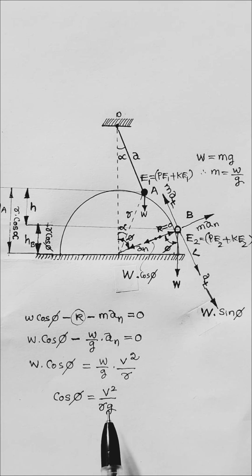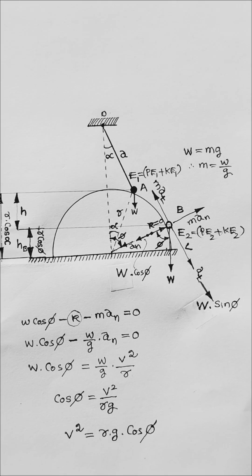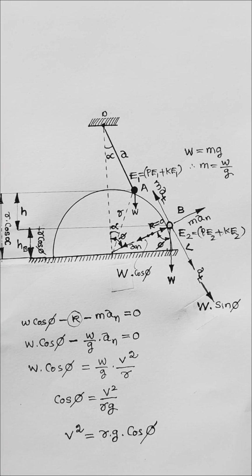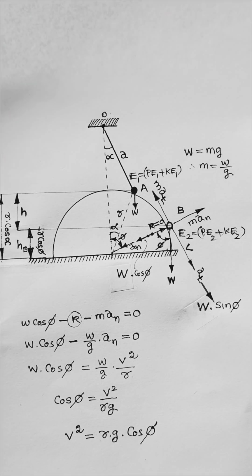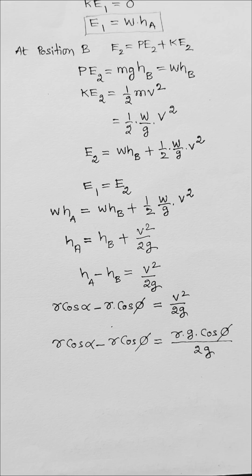By using this equation, V square we can find as Rg into cos pi. When you substitute this V square equation in terms of R and g cos pi, R cos alpha minus R cos pi equal to Rg cos pi divided by 2G. G cancelled.